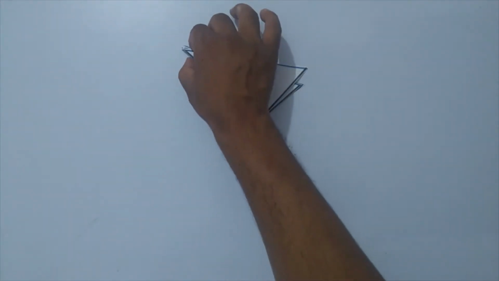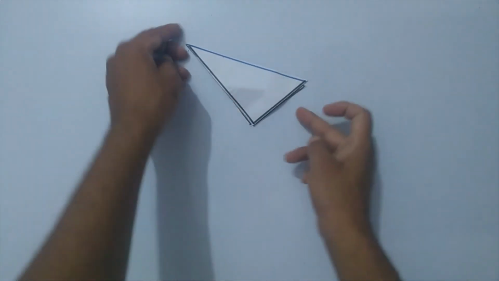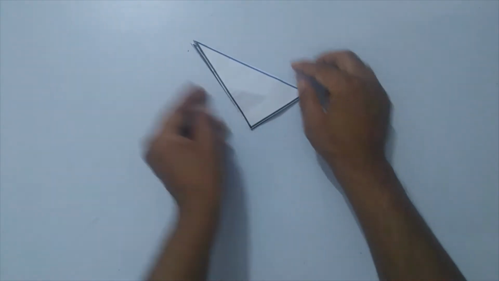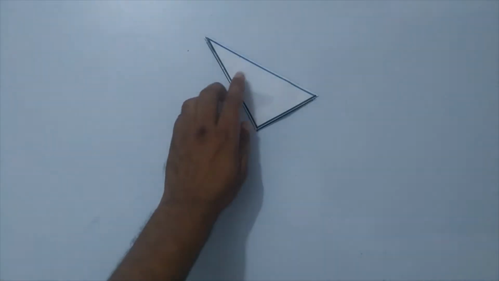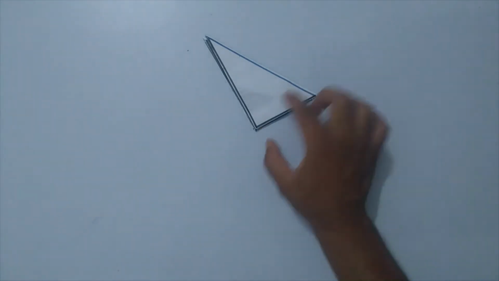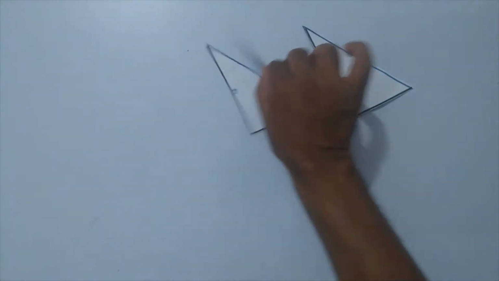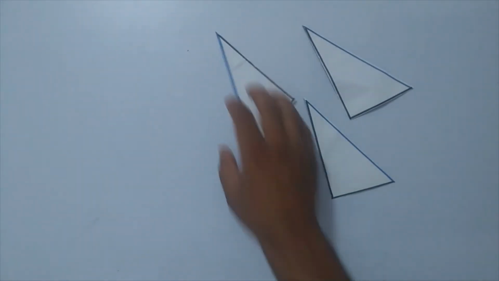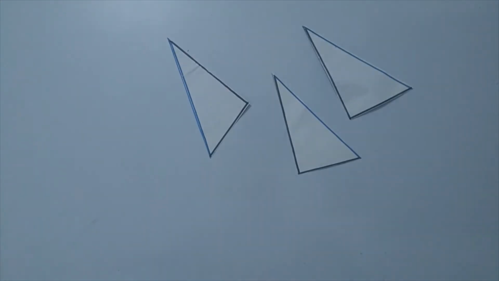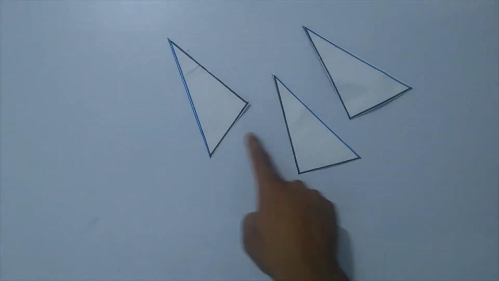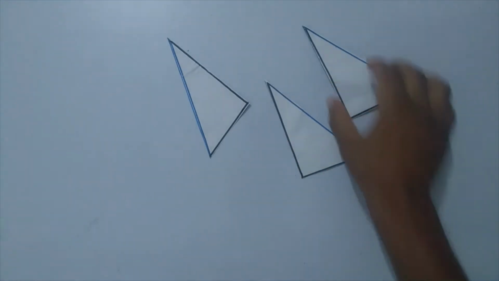If we place them one over the other, then the very foremost triangle covers all the rest of the triangles below it. So all these three triangles are exactly the same in shape and size, right? So if they are the same in shape and size, we say that these three triangles are congruent, right?